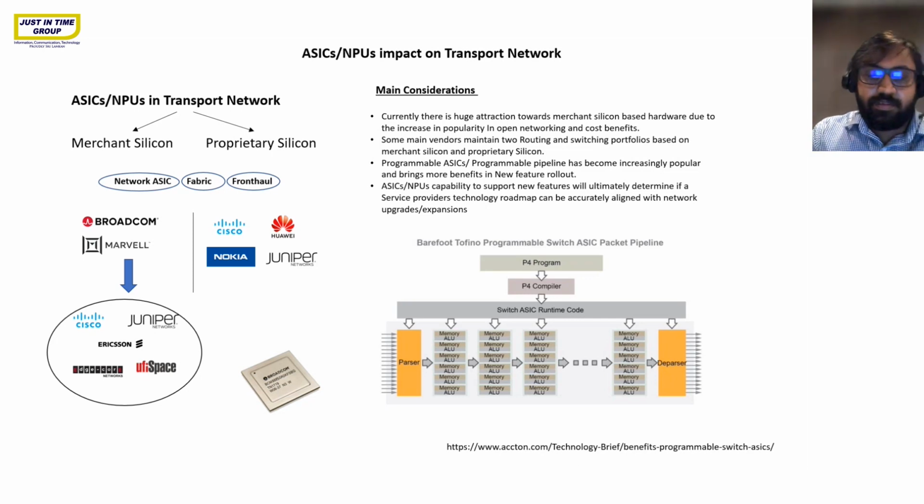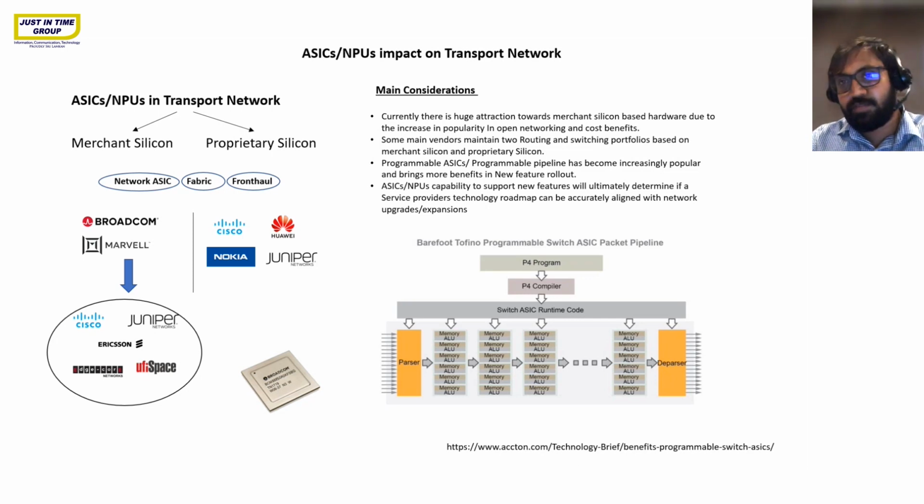They make general purpose ASICs that can be used in telco equipment, which can give a cost benefit compared to proprietary silicon. Those ASICs come in different domains of the network. It could be in transport network access, transport network core, anywhere in the network. So there's been a huge attraction towards merchant silicon.